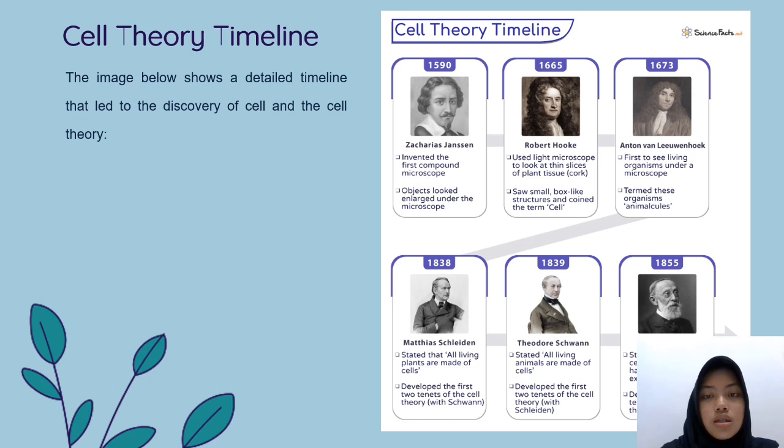This realization was a crucial step toward the formulation of the cell theory. So you can see in the picture, the image below shows a detailed timeline that led to the discovery of the cell and the cell theory.